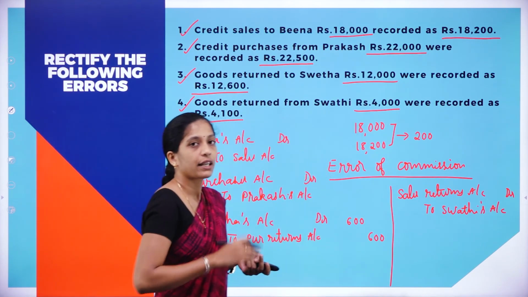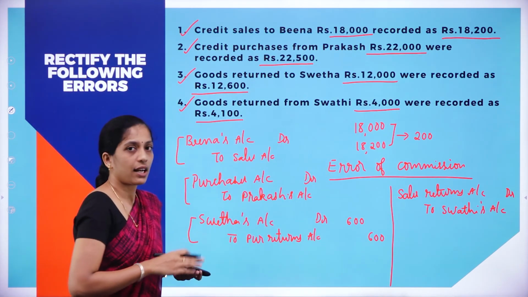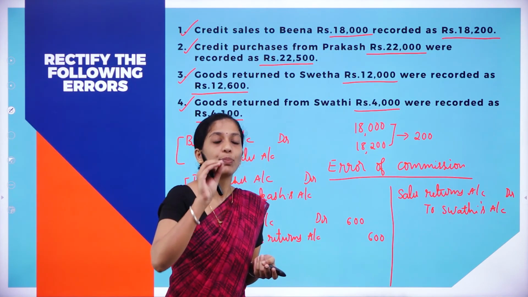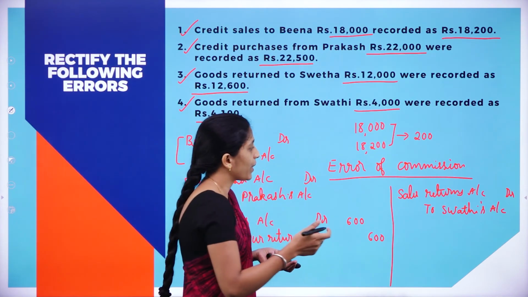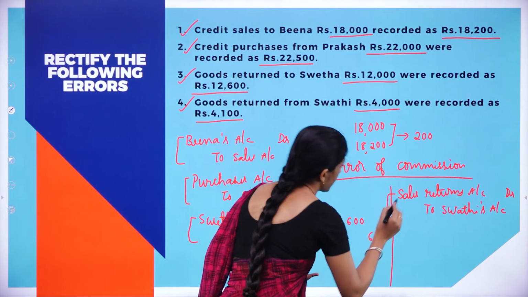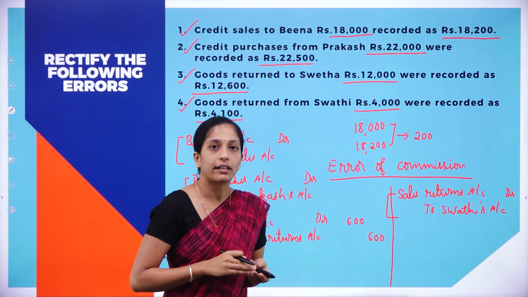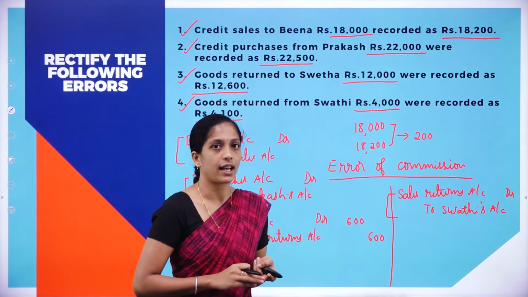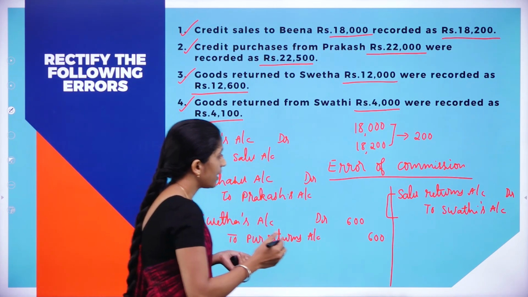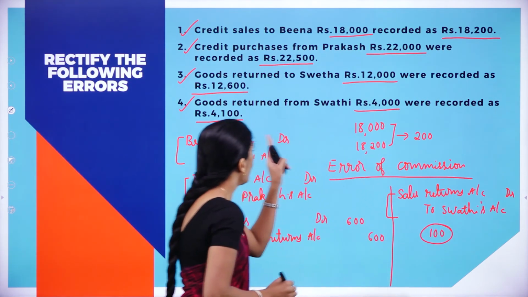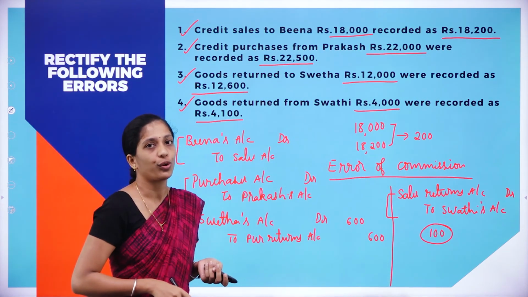So this is the correct journal entry, right? Now, since they have recorded more than the actual amount, so we have to minus that 100. So we have to record the inverse entry. So we have to debit Swati's account and credit sales returns account. And what is the amount? Excess amount is how much? Rupees 100. That is 4,100 minus 4,000.